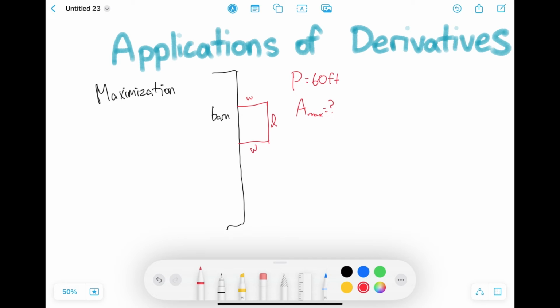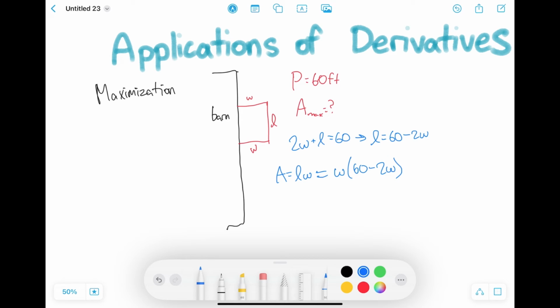So what we can say here is w plus w plus l equals 60, because that's all the fence we're using. We say 2w plus l is equal to 60, and thus we can say l is equal to 60 minus 2w. Now area is l times w, and plugging it in, we have w times 60 minus 2w, right?